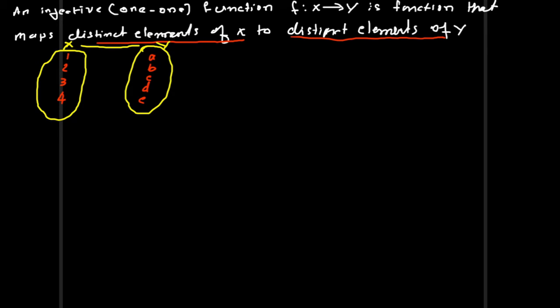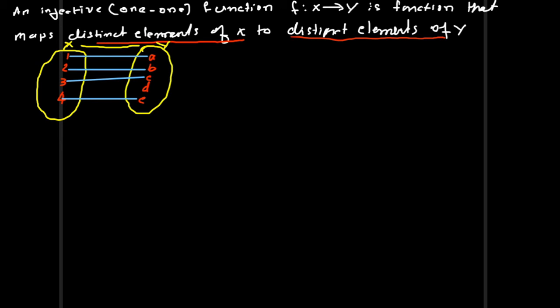Then we take the mapping, distinct element, distinct image. The first element's image is A, second 2's image is B, 3's image is C, 4's image is E. So here distinct elements have distinct images.